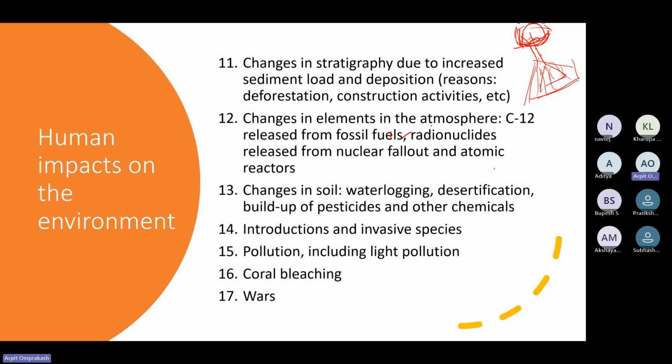That radioactive material is then taken up by plants and eventually goes into animals, and it can lead to a lot of diseases and things such as mutations and cancers in the animals or even in the plants.